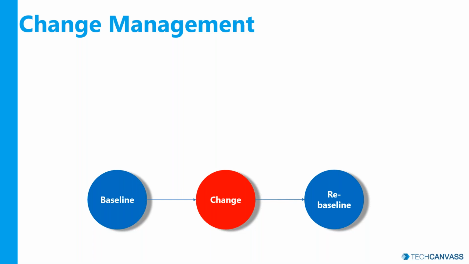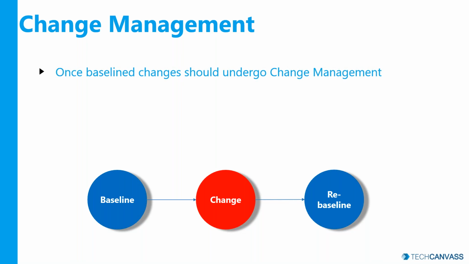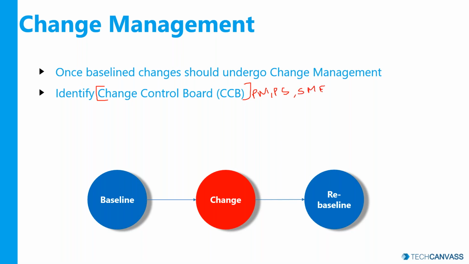So any changes after committing should go through a change management procedure. Once the baseline is set, changes should undergo change management. And for that we need a team of people called the change control board, right? Typically it contains a project manager, the project sponsor, and SMEs, subject matter experts. And very rarely it will contain some customer stakeholders as well.